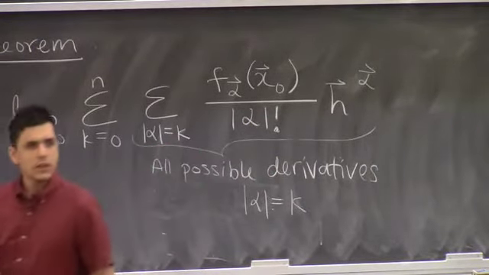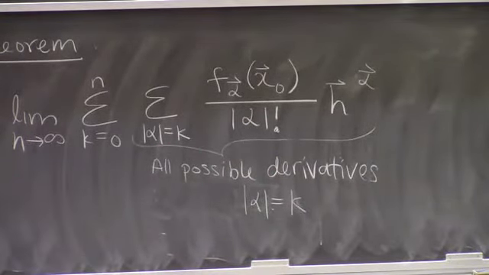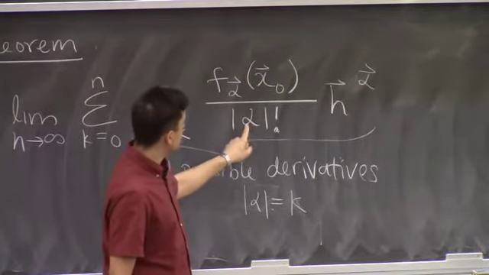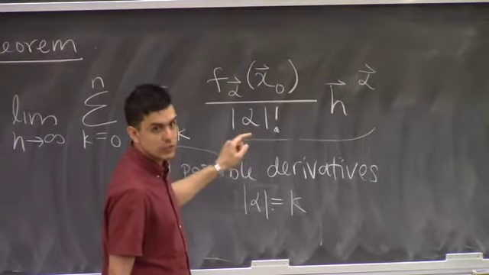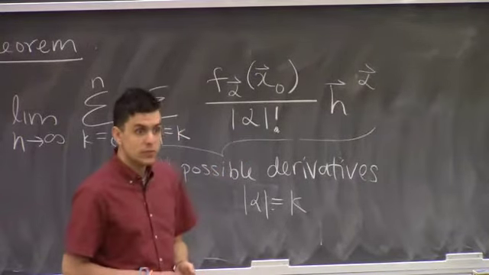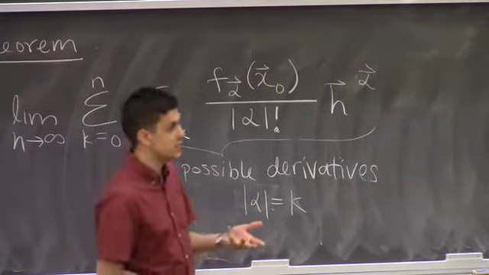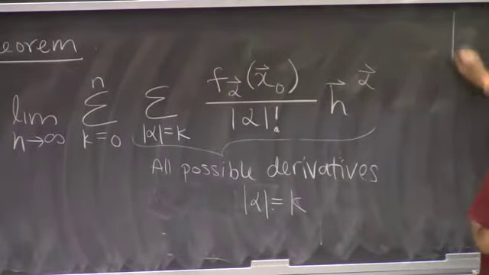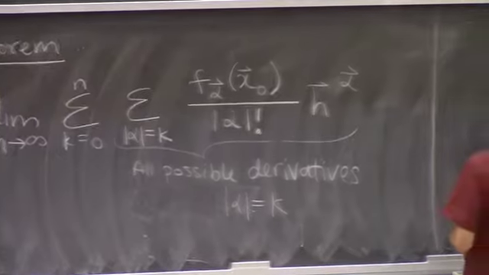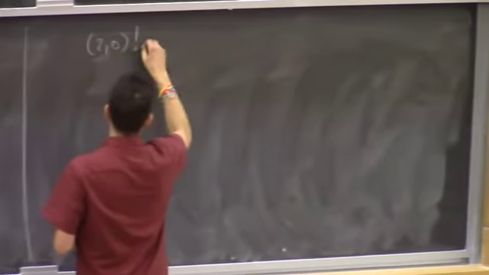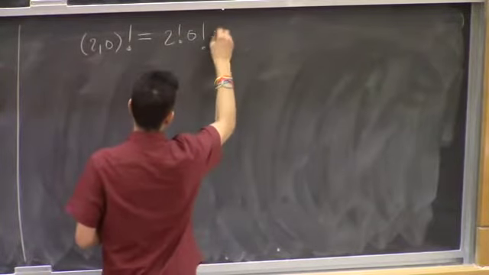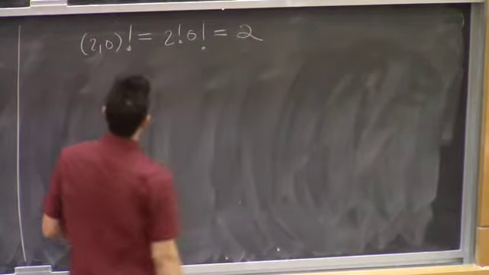Okay, so now we see why we need these different factorials for different terms, right? Different terms will have different multi-indices. Okay, so if we have something like this, right?